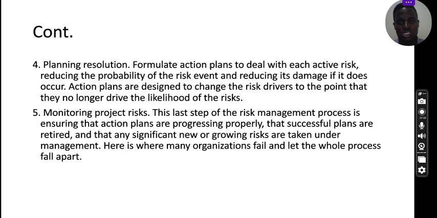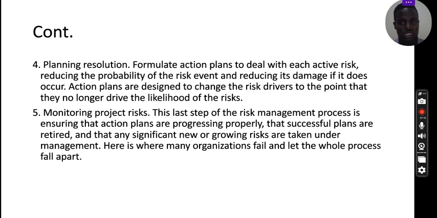If it occurs, yes, because it can go beyond your management, the damage should at least be negligible, and that can only happen when you have done the identification, the analysis, and then you have prioritized and you have now formulated an action plan.